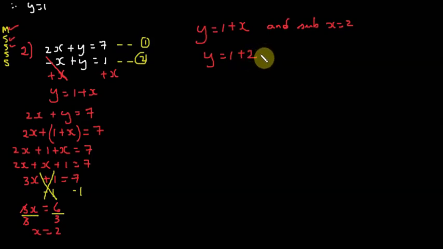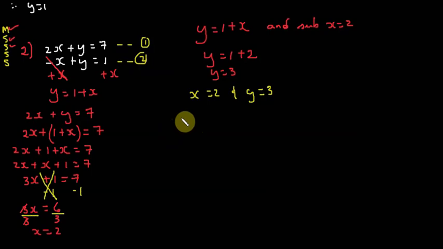Boom, bang. y equal to 3. So therefore, x equal to 2 and y equal to 3. But let us test this to ensure that it is correct. We want every mark available. We have to get a distinction.